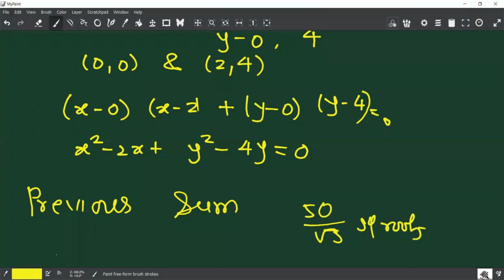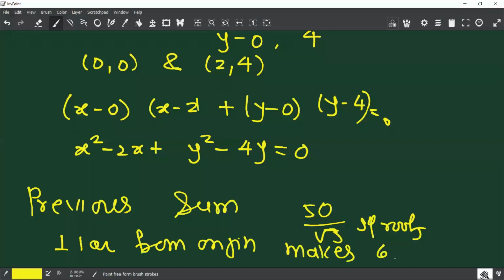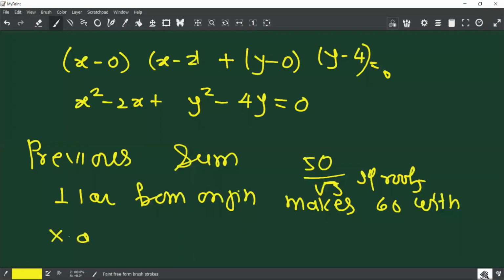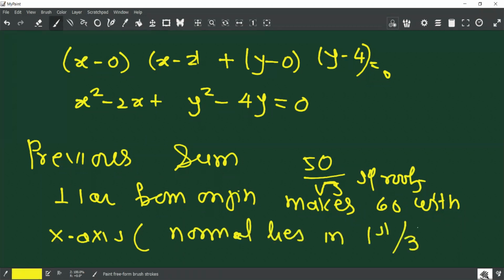If the perpendicular from the origin makes 60 degrees with x-axis, here the normal lies in first or third quadrant is given.